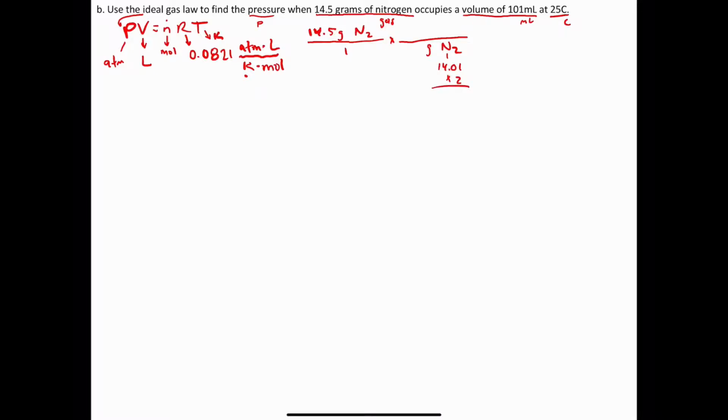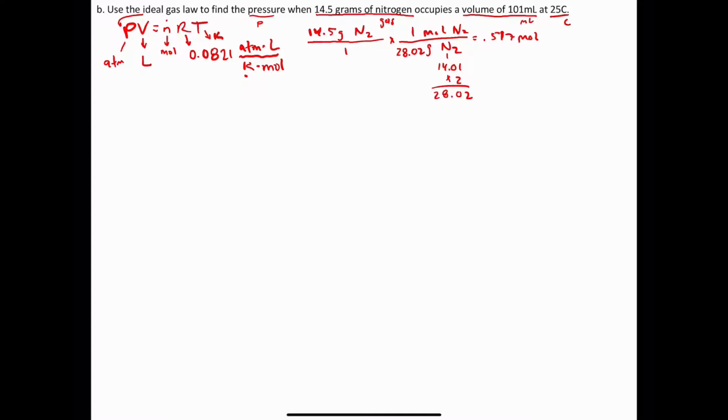I know you guys are having flashbacks to earlier chapters. It's exciting. So we get our molecular mass is 28.02 grams, and then you get 1 mole of N2 on top. All right, when you do the math for that, you'll end up with 0.517 moles. Okay, that's the first one.